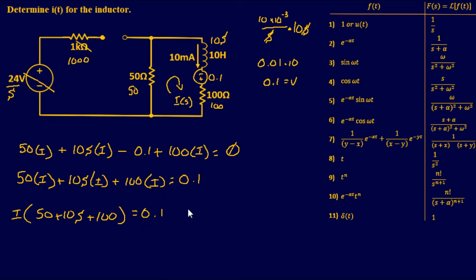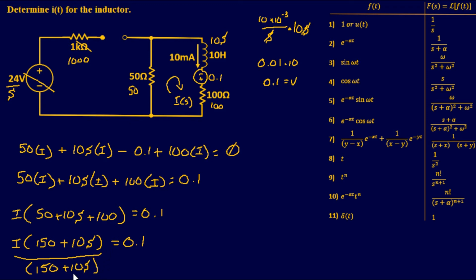Now, simplifying this down a little bit more, you can see 50 plus 100 is going to be 150. So it's going to be current times 150 plus 10S. So right now, this is cleaning up a little bit better every time we do it. Now let me do the same thing we did in the previous problem. I'm going to divide both sides by resistance. So our resistance is going to be 150 plus 10S.